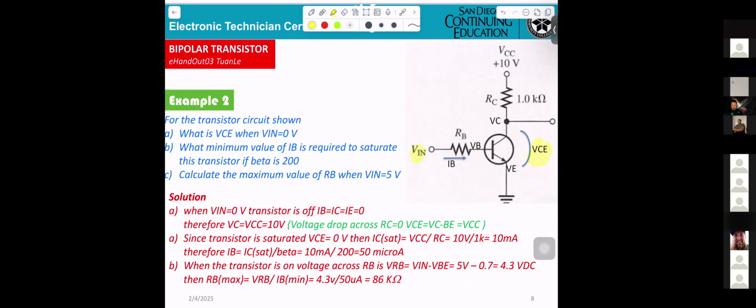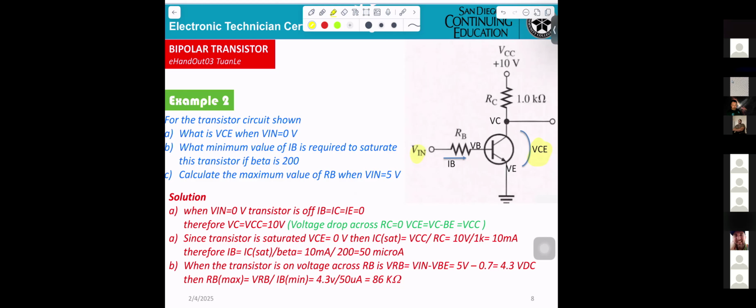If Vin is 0, there's no current flowing. So, okay, go ahead. VC is 10, VE is 0. So VCE will be 0.